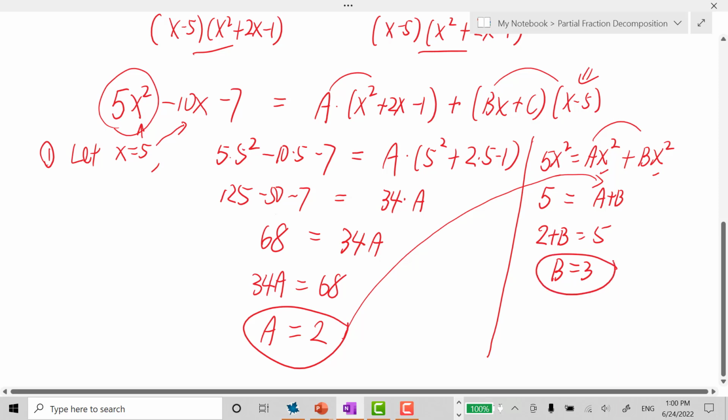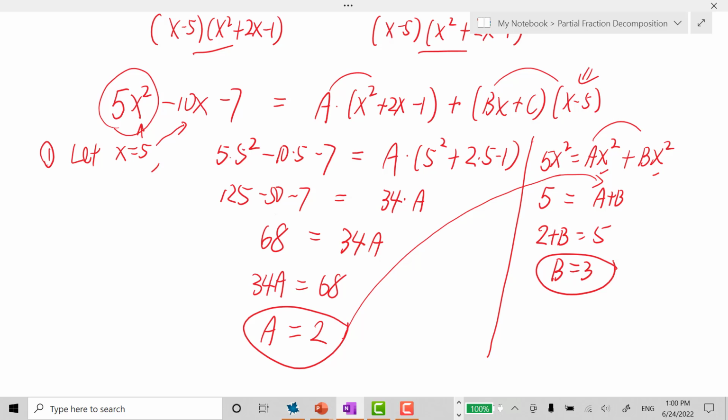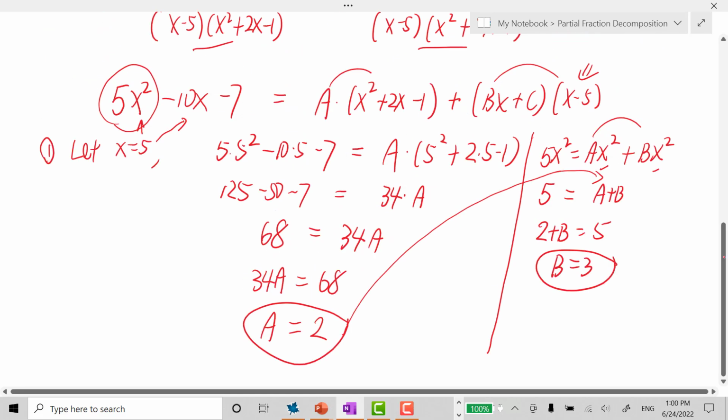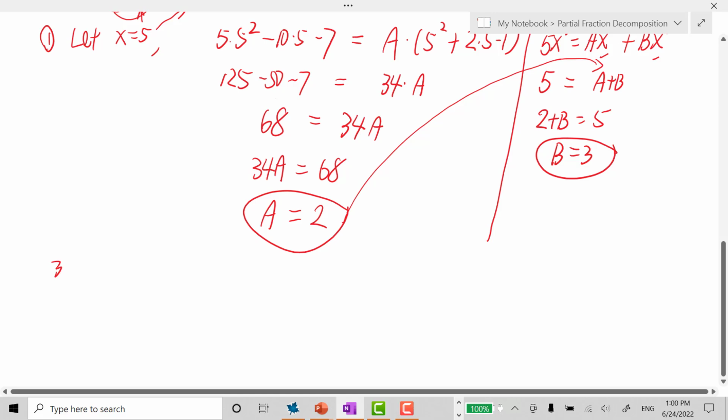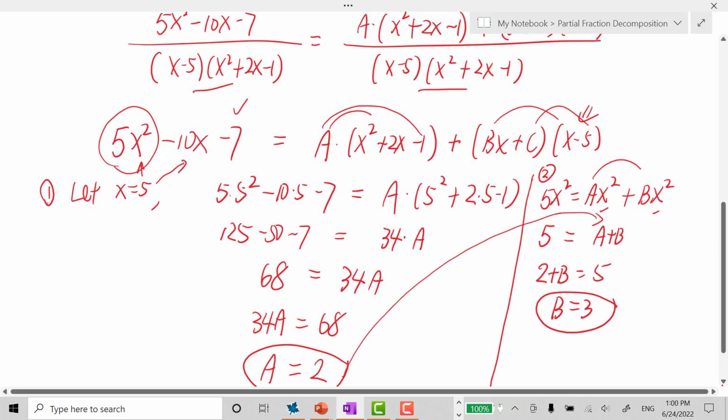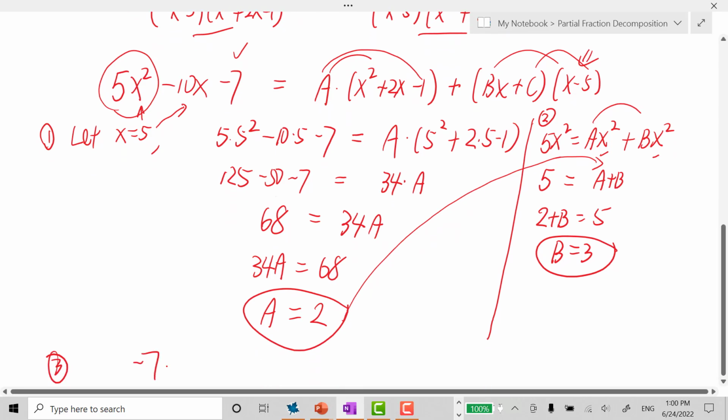Once we know b, we can also find c, if we extract the constant term. The constant term comes from two parts on the right. The constant term on the left is -7. On the right, it must be from a times -1 and c times -5. So -7 is equal to -a minus 5c.